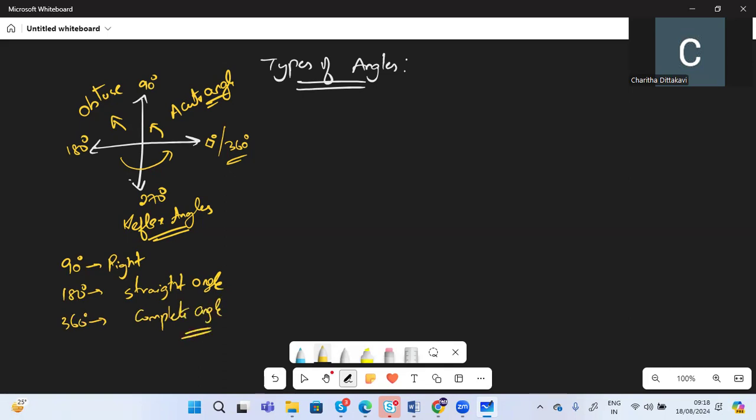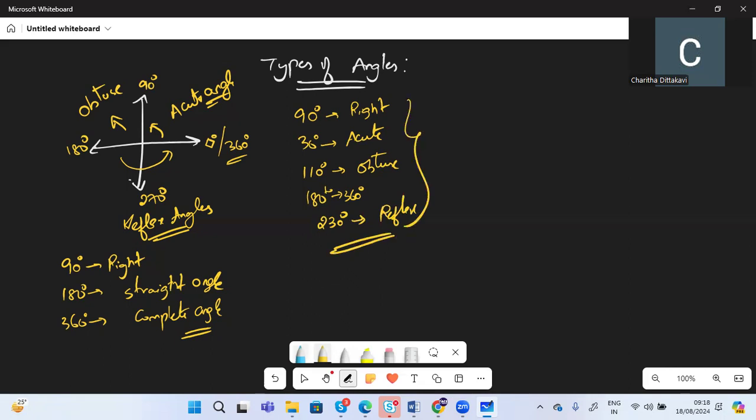So if I give 90 degrees, it is obviously a right angle. If it is 30 degrees, it is acute. If it is 110 degrees, because it is somewhere in between 90 and 180, hence we call it an obtuse angle. If it is somewhere in between 180 and 360, maybe some 230 degrees, it is a reflex angle. Clear? So all these are the types of angles that we have.